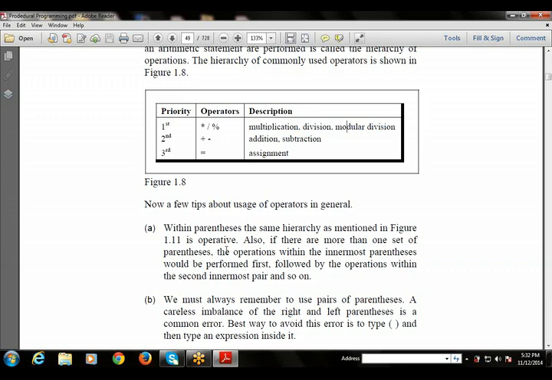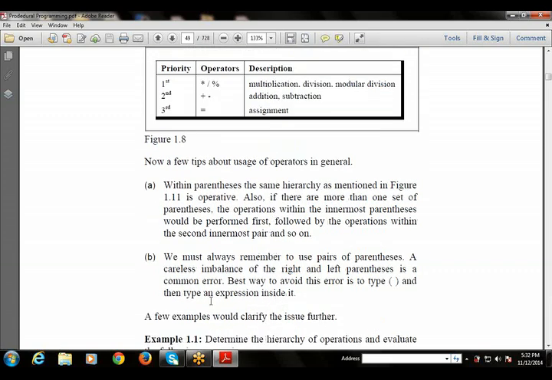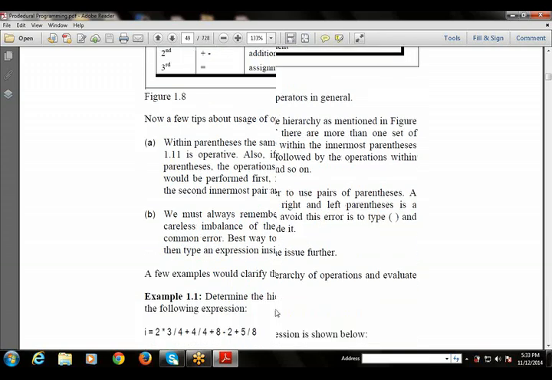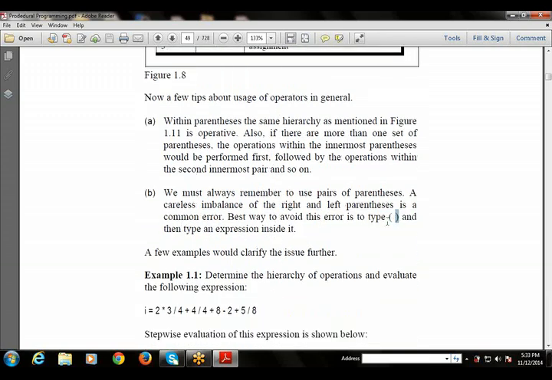First the inner bracket will be solved, then the outer, then the outermost. We must always remember to use pairs of parentheses. An imbalance of the right and left parenthesis is a common error. The best way to avoid this error is to type the parenthesis and then type the expression inside it.